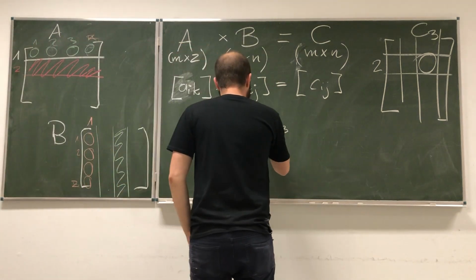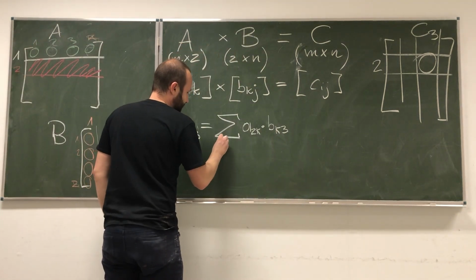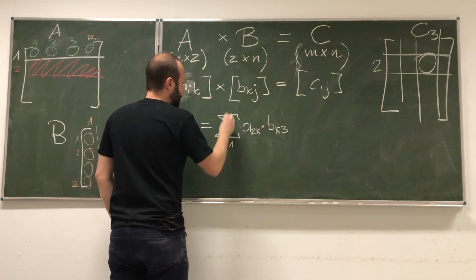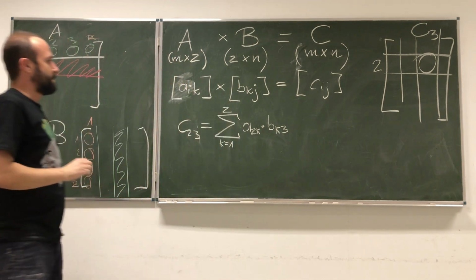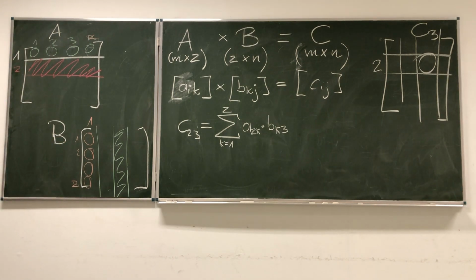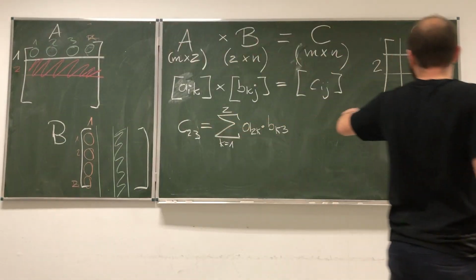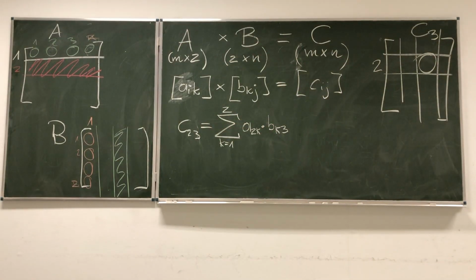So all I need to do is to write here k equal to 1 and z over here. So basically, if I want to find element 2, 3, all I need to do is to multiply the entire second row by the third column.